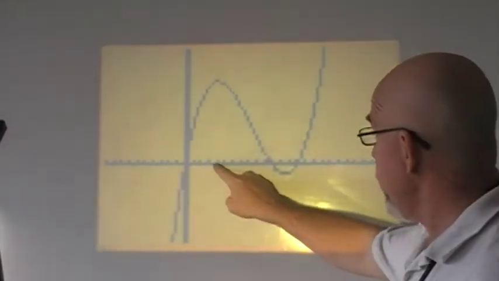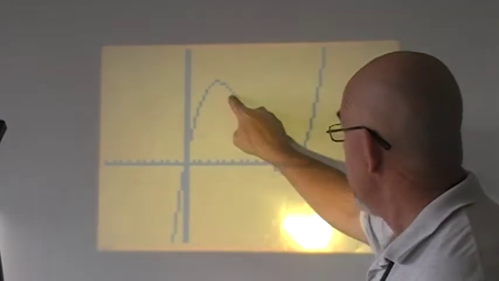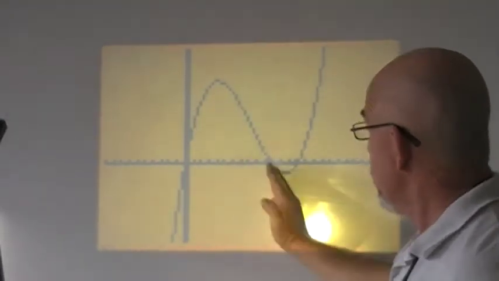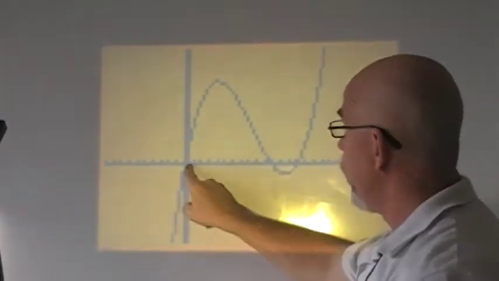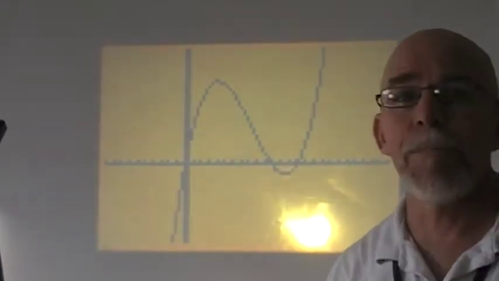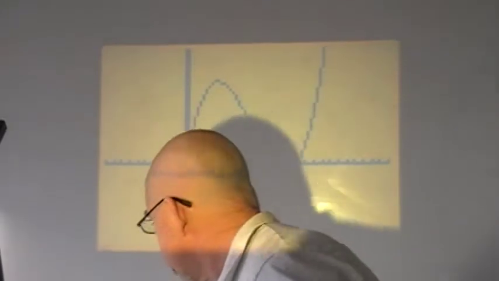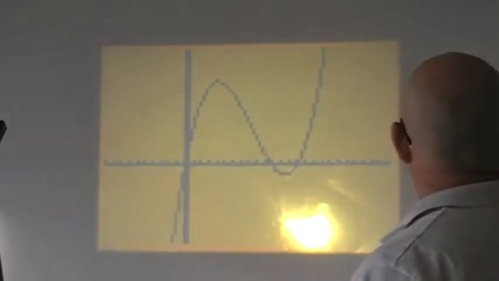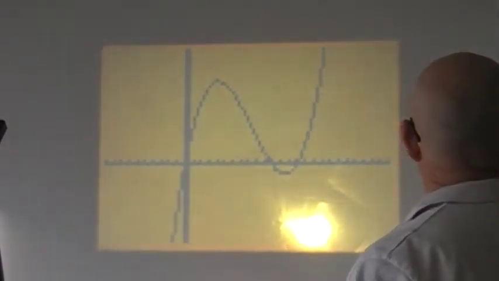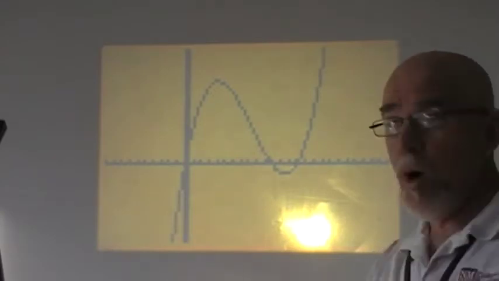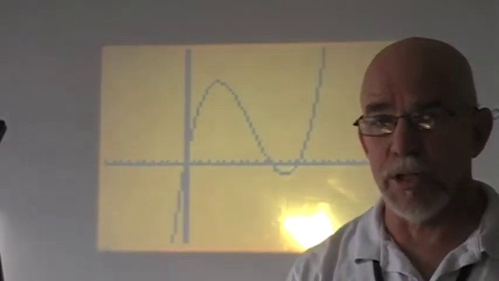In this domain, this is where the volume is positive. But in this domain, this is where the heights are possible. Remember, the width was 21.6 centimeters wide, that material that we started with.